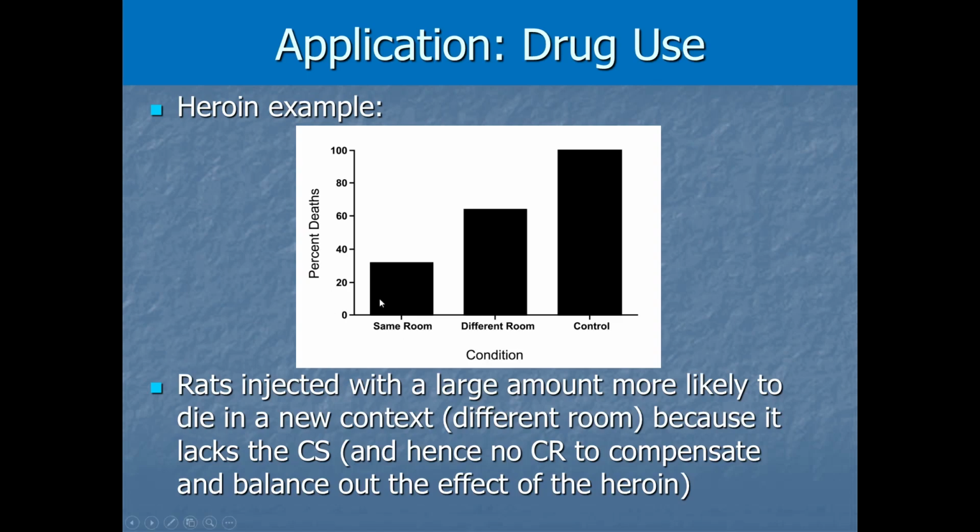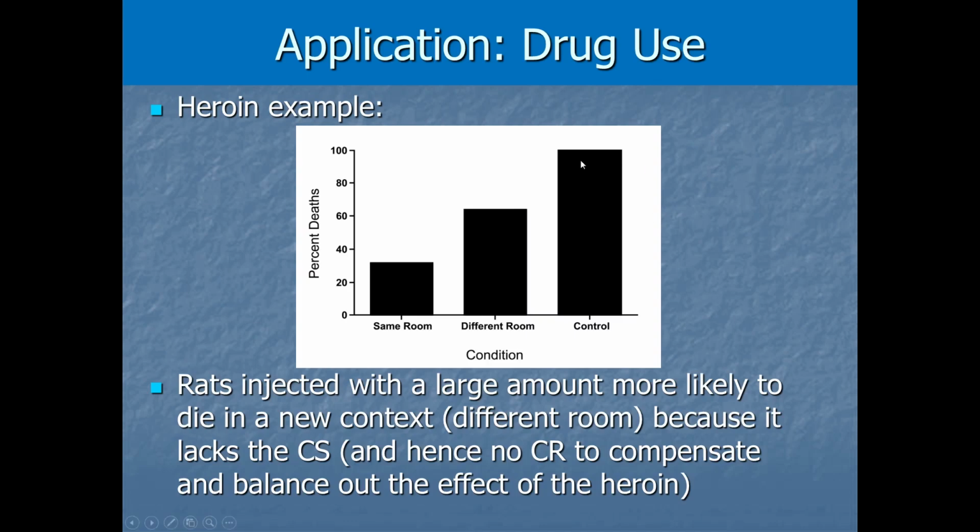So here's the group that got a large injection of heroin in the same room that they were used to getting their normal, smaller doses, right? Then there's this second group of rats. They injected these rats in a different room than where they'd built up the tolerance. And what happens? Almost 2/3 of them died. So twice as many die.